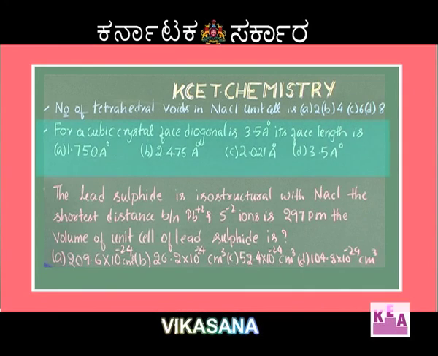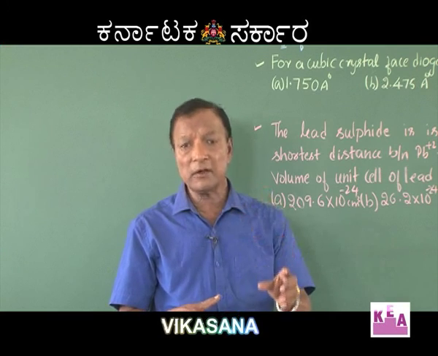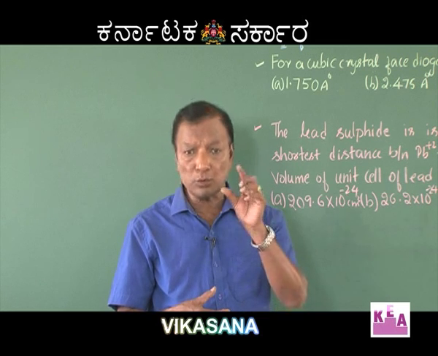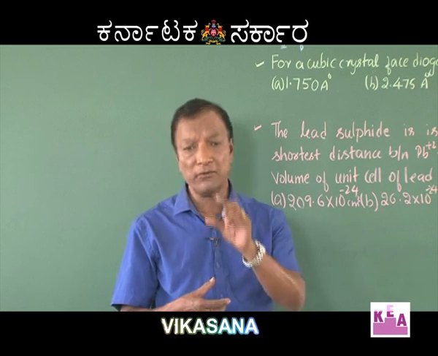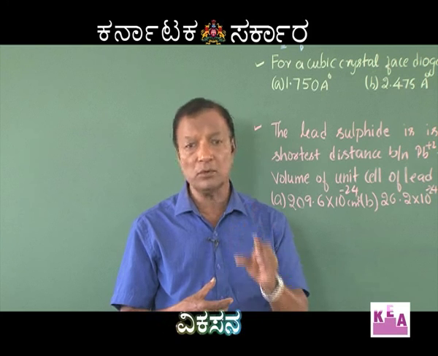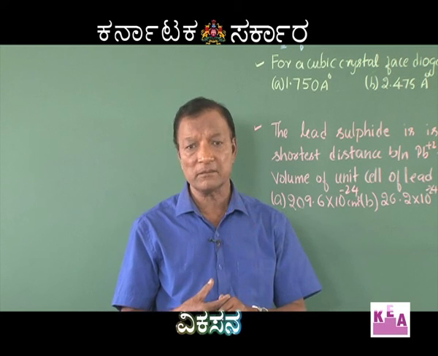For the face-centered cubic unit cell, the face diagonal and the face length, meaning the edge length, are related as: the face diagonal is equal to root 2 times A, root 2 times the edge length.